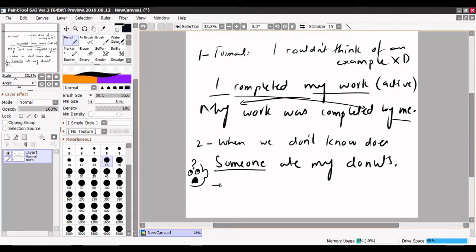So in passive voice, when our subject is someone, anyone, everyone, or some other pronoun that doesn't really tell you who the person is, in passive voice you simply remove it altogether. We do not use words like someone, anyone, everyone in passive voice.